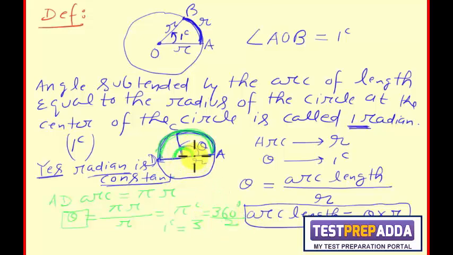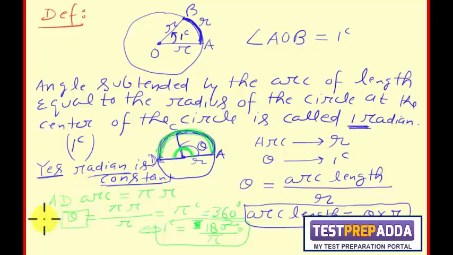Got it? And we know that in degrees, this theta, that is half turn, is actually 360 by 2. This is half of the turn, so it is 180. So pi radian is 180 degrees. So 1 radian will be 180 upon pi degrees. And this way we have proved that 1 radian is a constant.